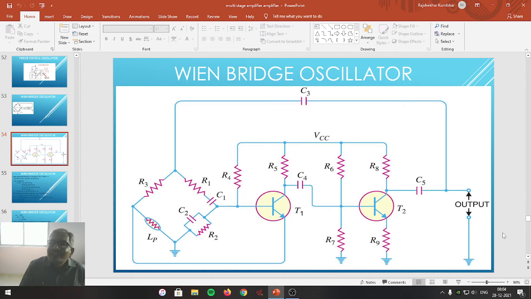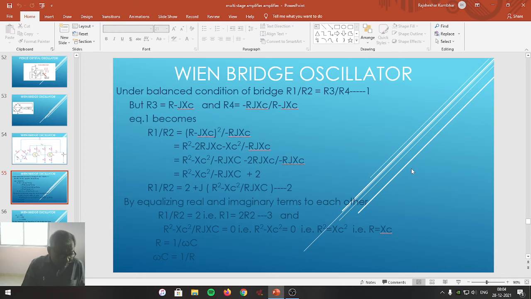Friends, let us discuss now how to get the formula for the frequency of an oscillator. Dear students, just now we have studied that as long as the bridge is balanced, no output is available, no oscillations are set up.